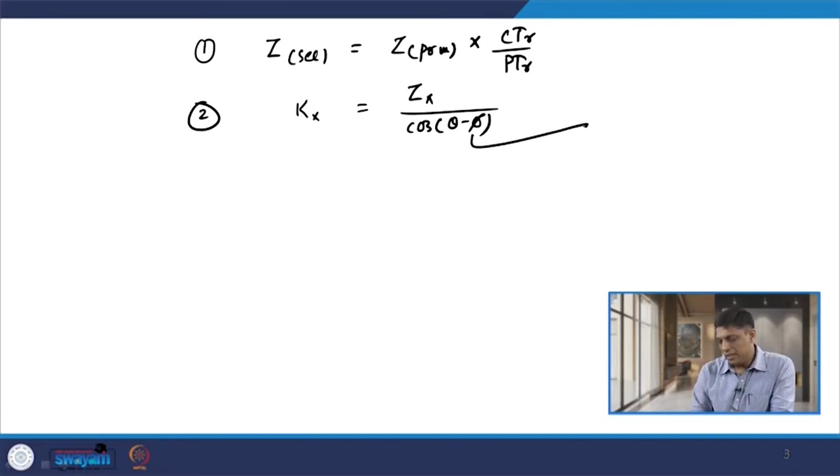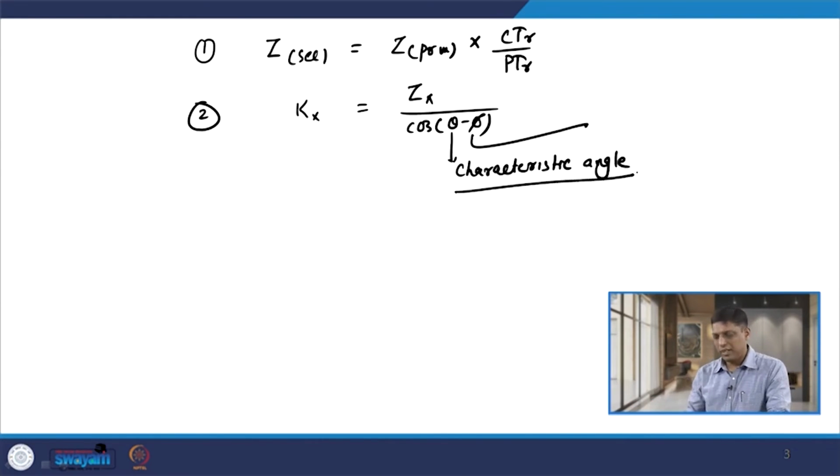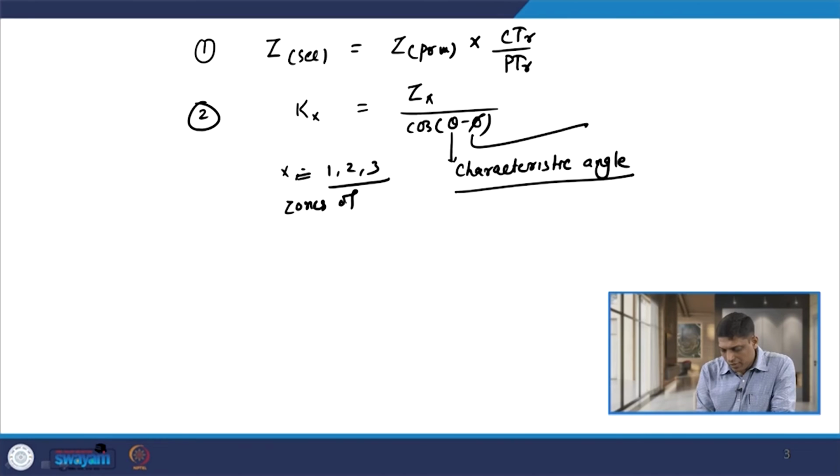This phi changes, theta is your characteristic angle, which is already given and depends on what type of characteristic you have used. X stands for 1, 2 and 3, which indicates the zones of the distance relay.